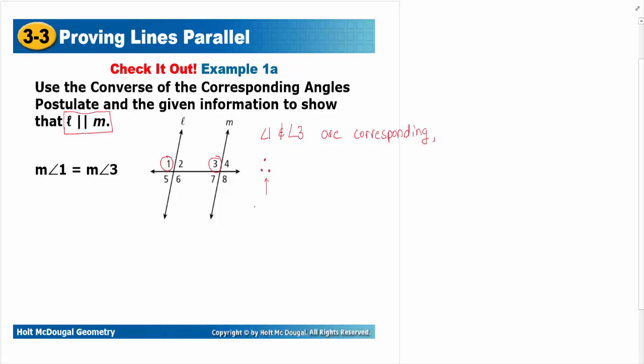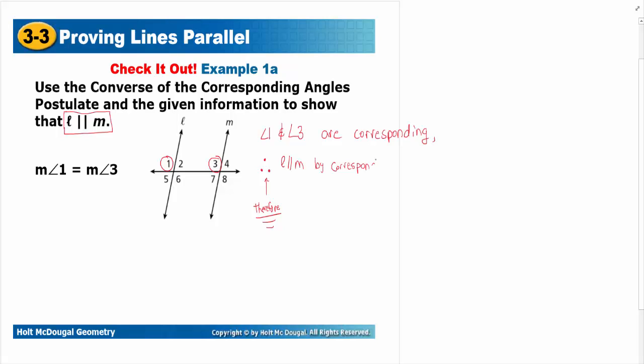If you don't remember, it means therefore. We'll be using these 3 dots a lot in logical statements. So angle 1 and 3 are corresponding. Therefore, L is parallel to M by the corresponding angles postulate.